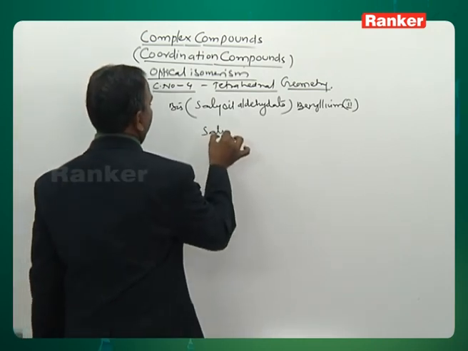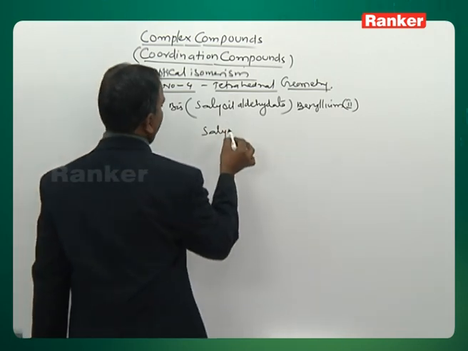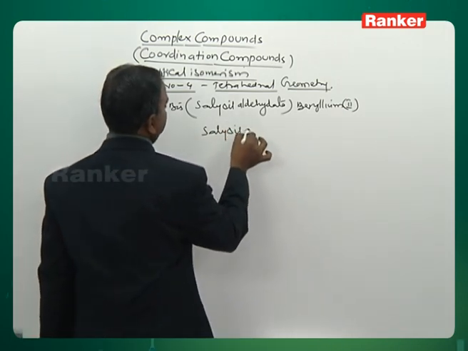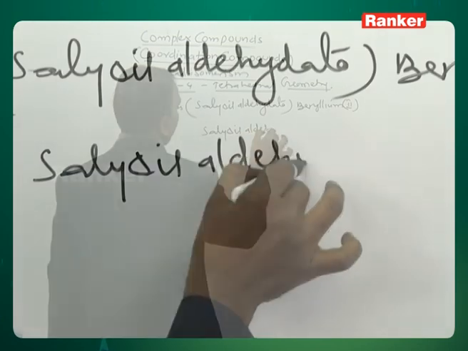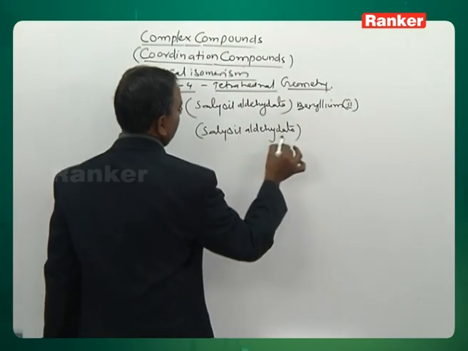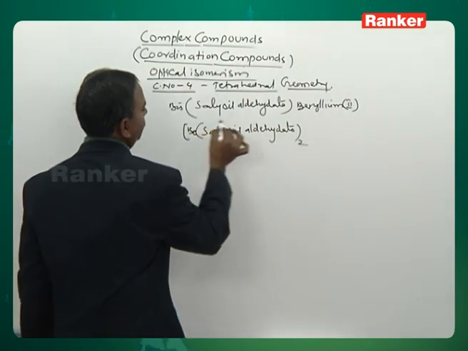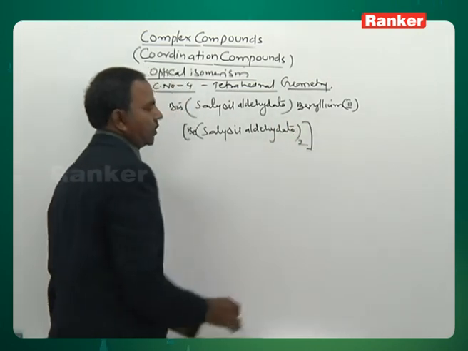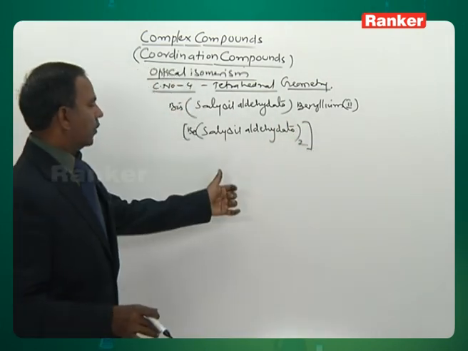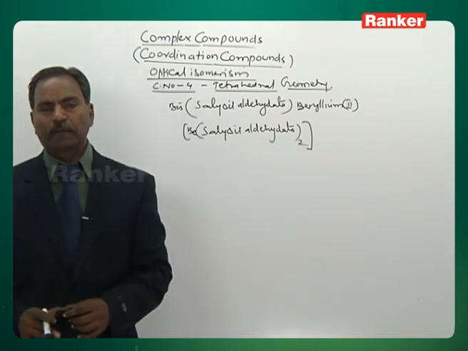Simply we write the formula. For writing salicylaldehyde, the complete name of this ligand, we generally write salicylaldehyde, with beryllium. This is the complex. Now, this is also tetrahedral and it is also optically active, we said.